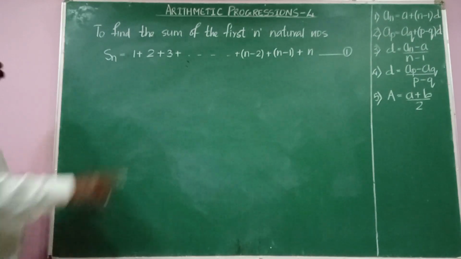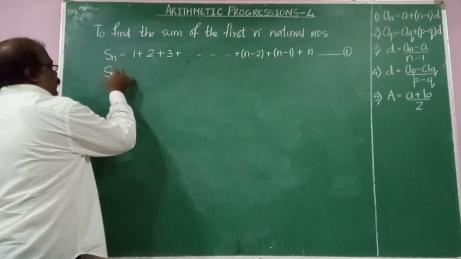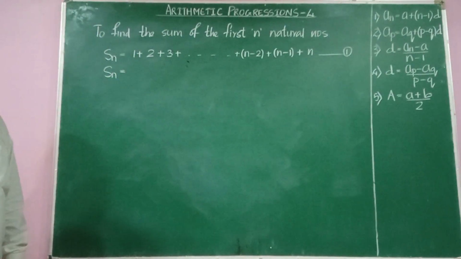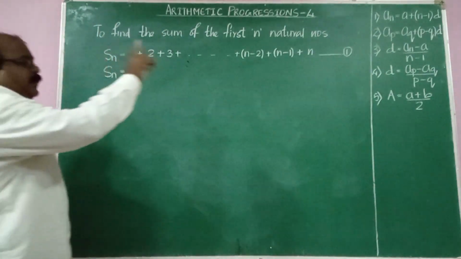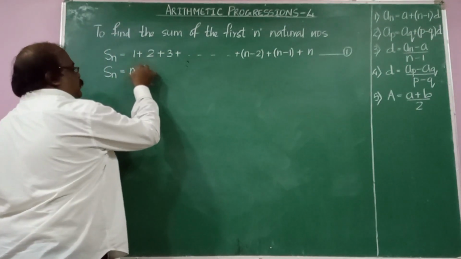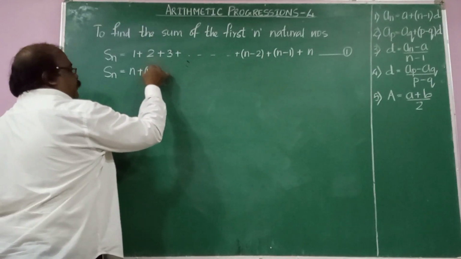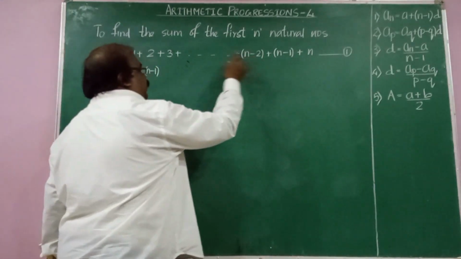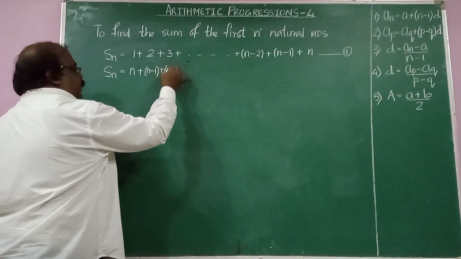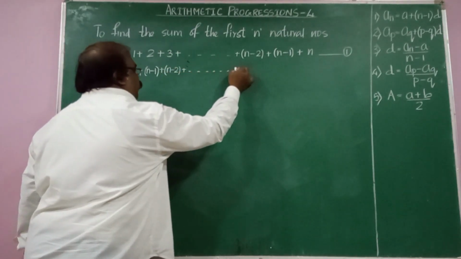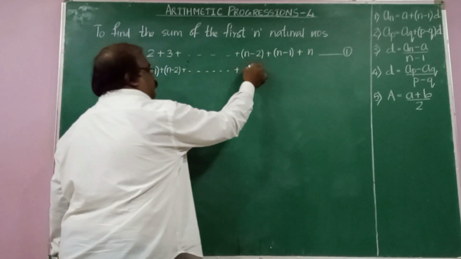Now what am I going to do? I am going to write the same sequence in the reverse order. What was last? Let me write first. What was second last? I am writing second. What was third last? I am writing third. And so on. What was third?